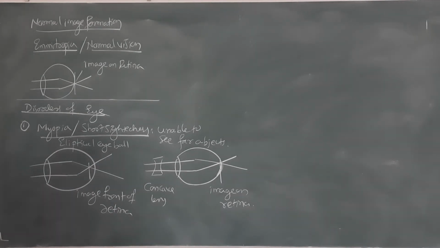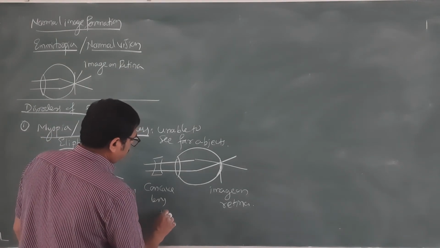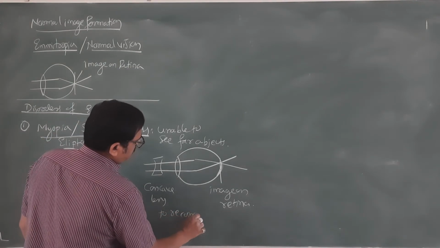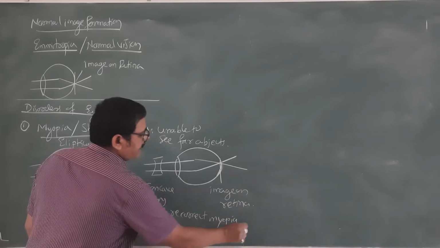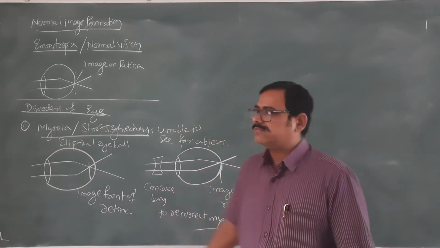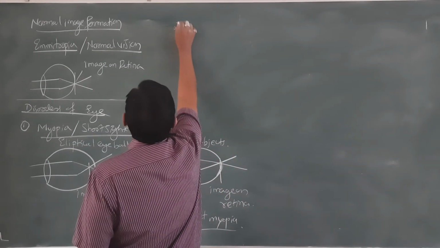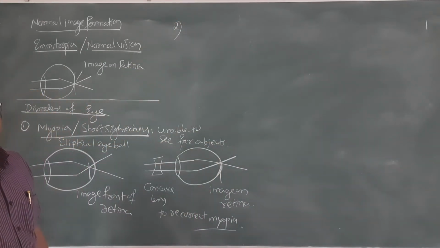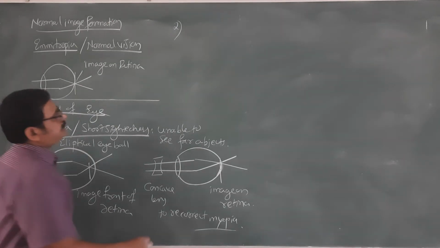This you need to remember: a concave lens to correct myopia. Okay. The second kind of disorder you need to know, let me mention here, the second type of disorder, is also known as hyperopia or hypermetropia.